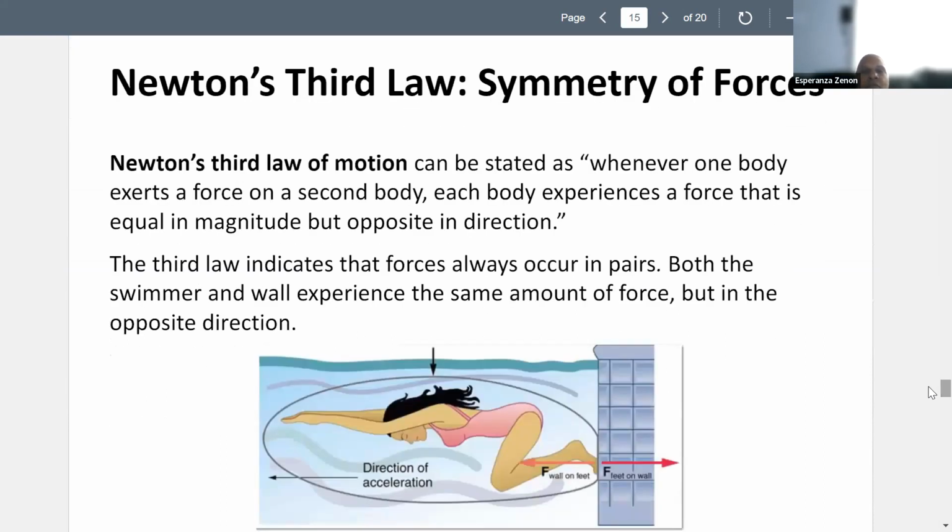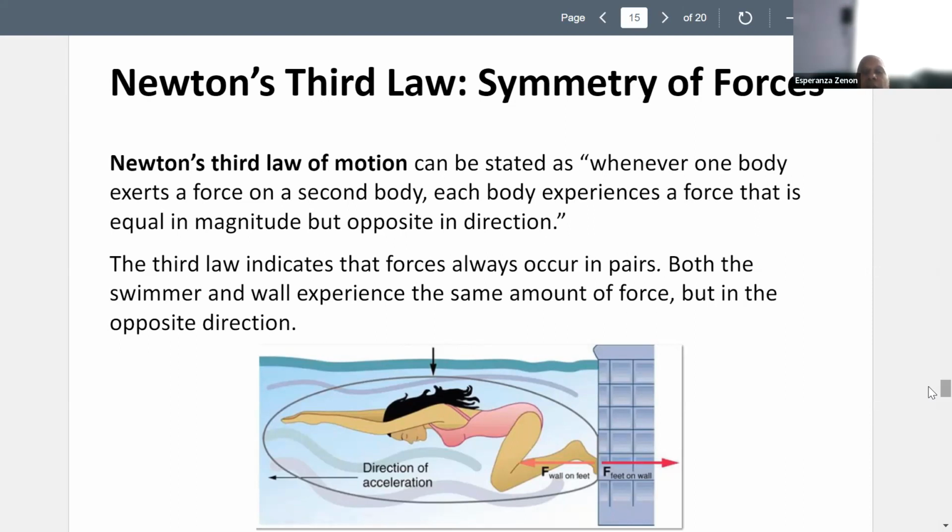Newton's third law. So Newton's third law looks at the symmetry of forces, meaning that these forces exist in pairs. And so we'll talk about the idea of action-reaction pairs when we talk about Newton's third law. And so that third law says, whenever one object exerts a force on a second object, each object experiences a force that is equal in magnitude but opposite in direction.